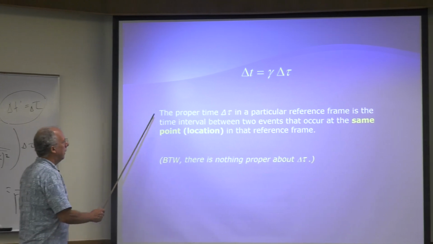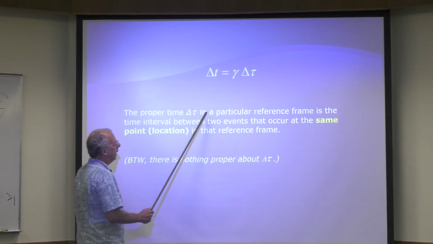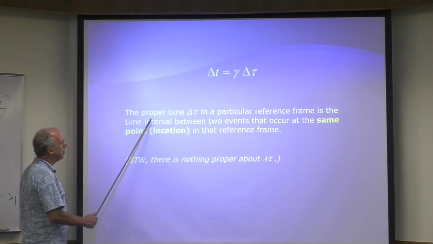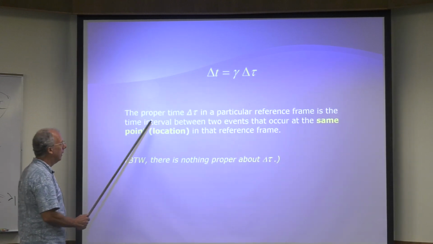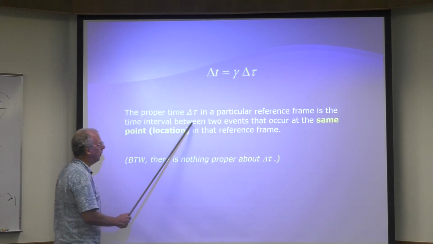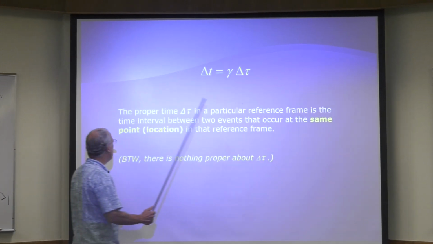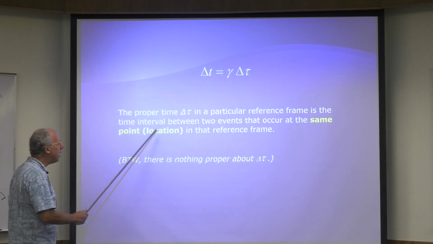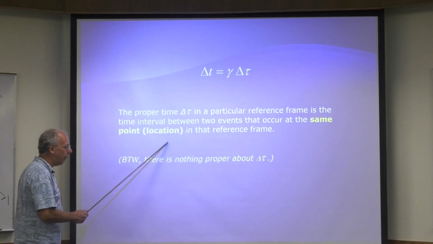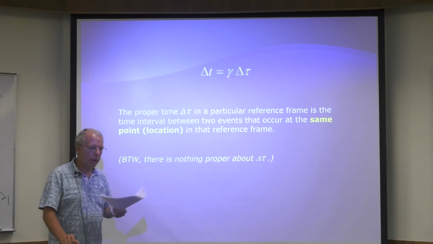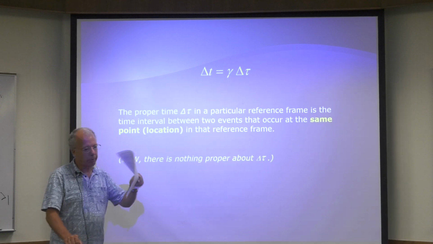But anyway, the proper time delta tau in a particular reference frame is the time interval, you have to know this by the way, between two events that occur at the same location in that reference frame. When we get to the relativity problems later on, one of the first things you have to figure out is which is the proper time.